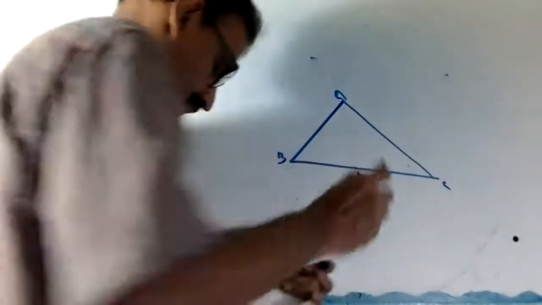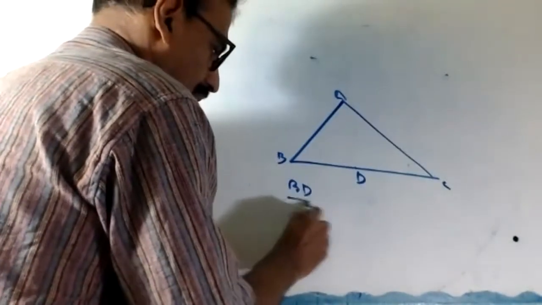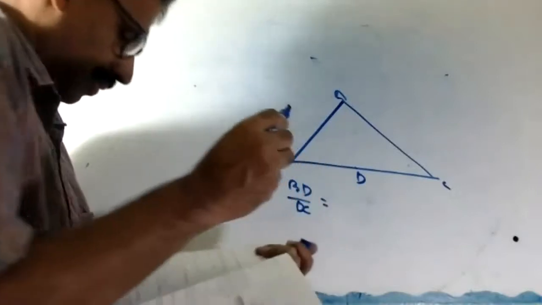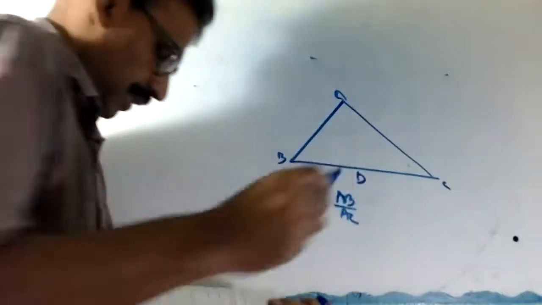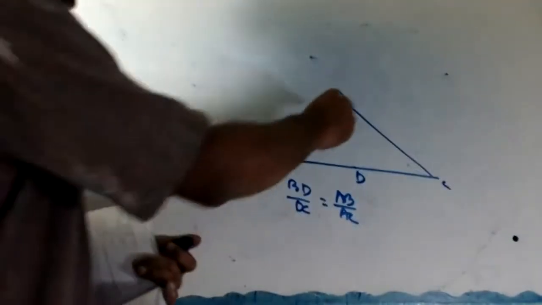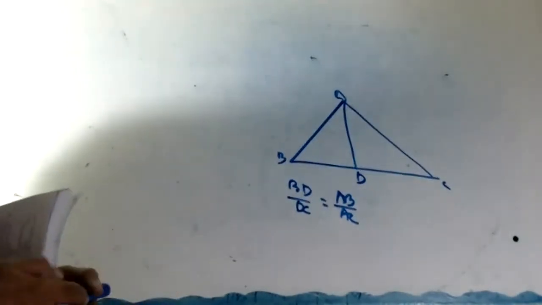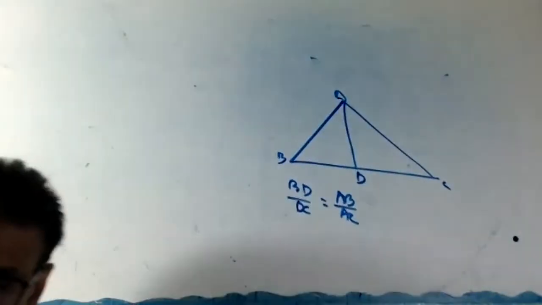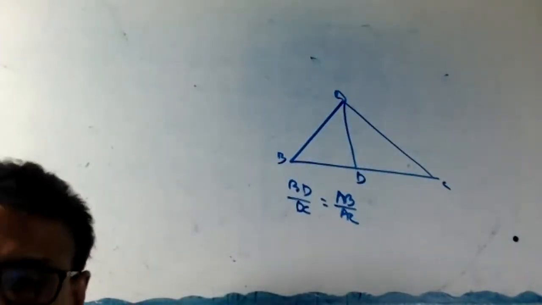A, B, C. D is a point. Okay. Such that BD by DC equal to AB by AC. Show that AD is the bisector of angle BAC.